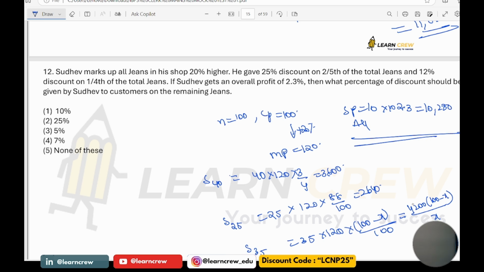The sum of these three has to be 10,230. If you simplify this, you will get X as 5%. Thereby the answer is 5%.